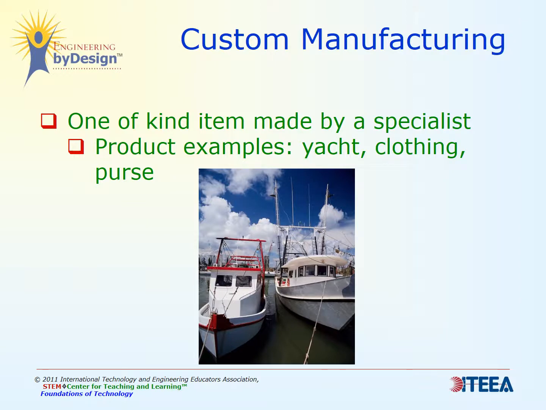I know it gets expensive because they're hand picked. You're picking the material for your shirts, your skirts, your jackets, and then it's going to be hand stitched for you. I think that would be great if I could afford that, because clothes on the market now just aren't that well made. A purse, custom manufacturing.